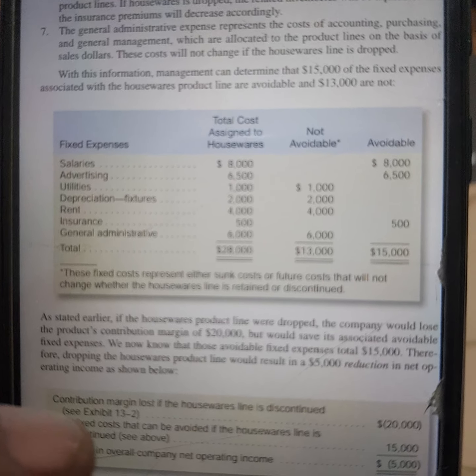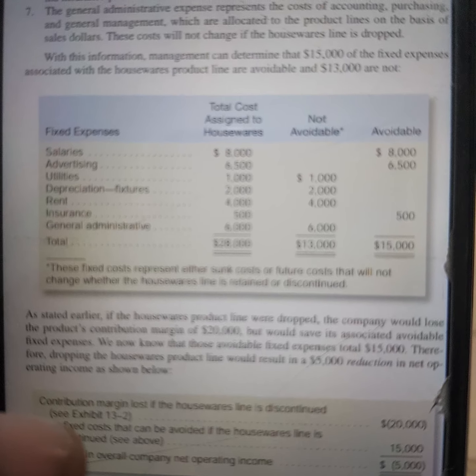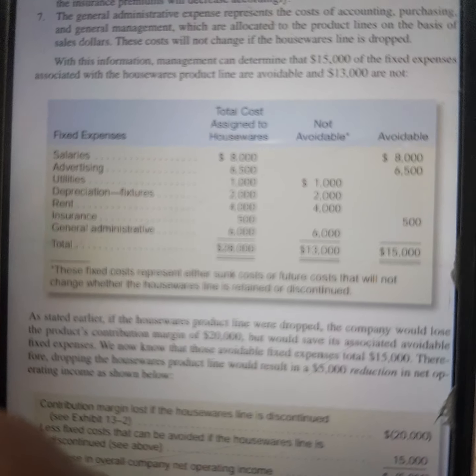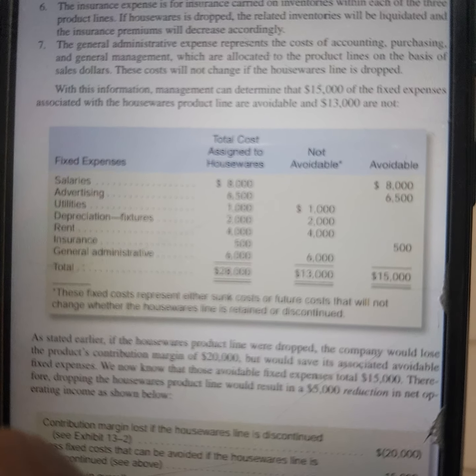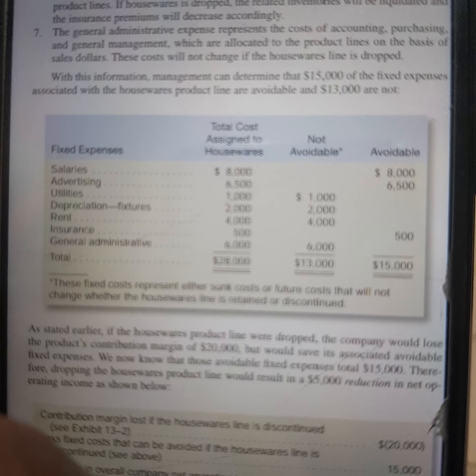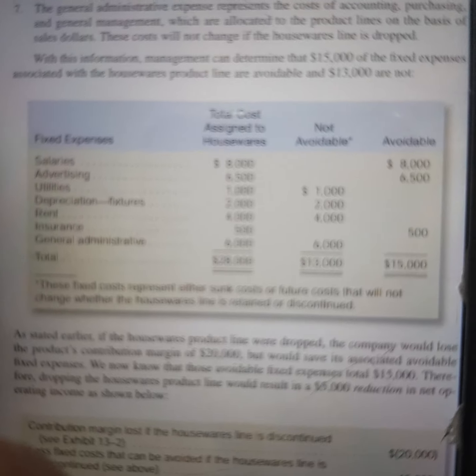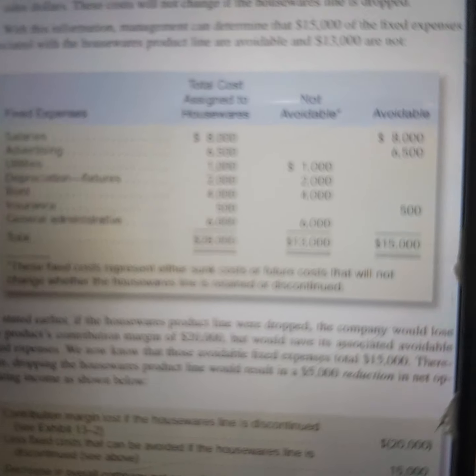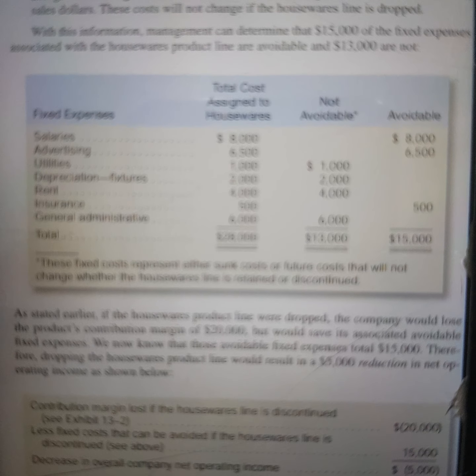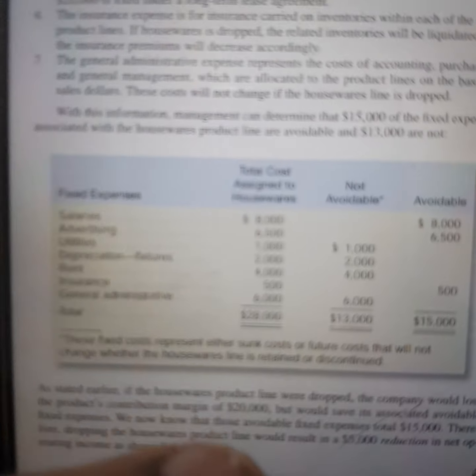Our advertisement expense is 6,500. It is also avoidable if we discontinue this product line. But our utilities, depreciation, fixtures, rent are unavoidable. They cannot be avoided because they have to be paid in every condition. In the same way, our insurance cost is 500.